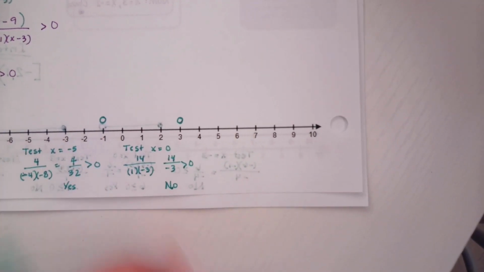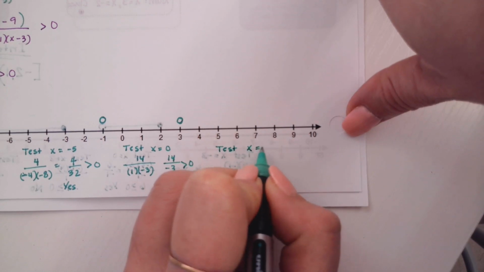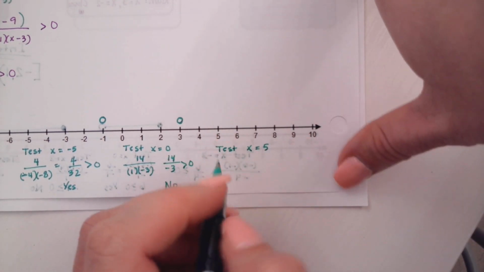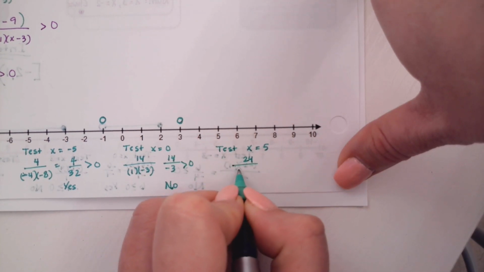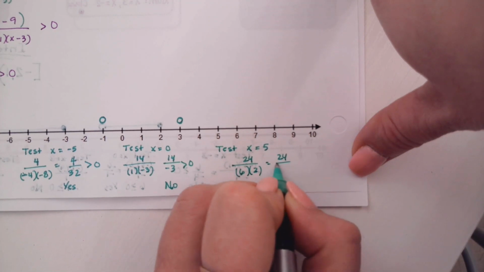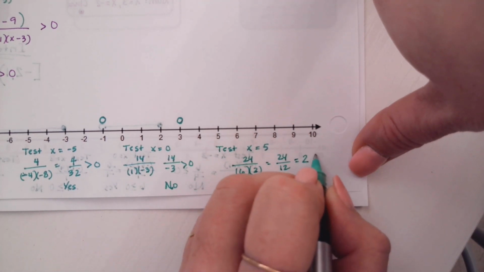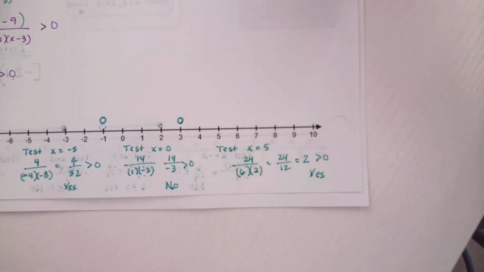Okay, and then one last, something to the right of 3. 5. 2 times 5 is 10, plus 14 is 24, over 6 times 2. 24 over 12 is 2. Is that greater than 0? Yes, it's a positive number.